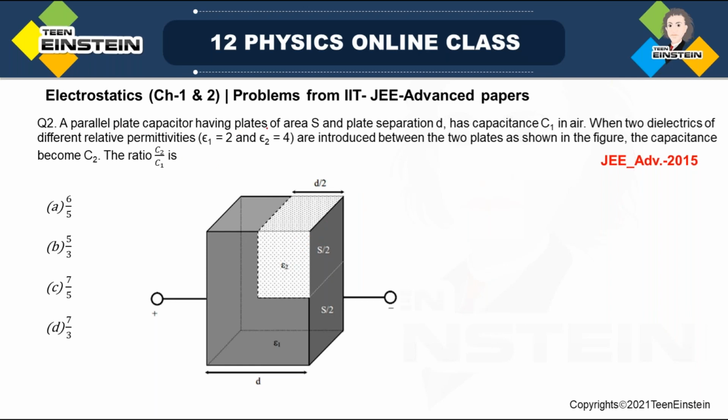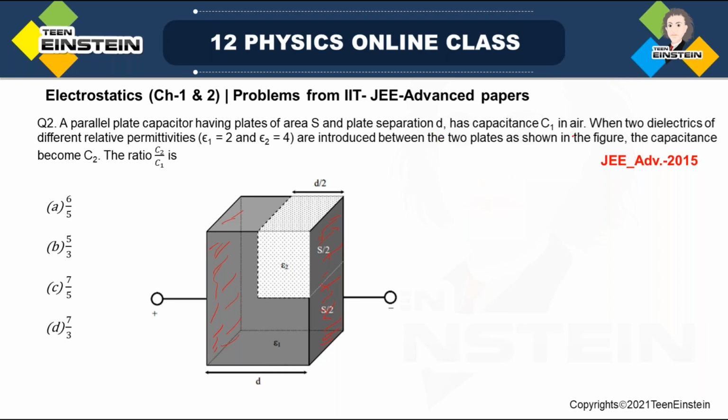A parallel plate capacitor having plates of area S, as you see here. You can think these are two plates, having area of cross section A and separated by distance d.